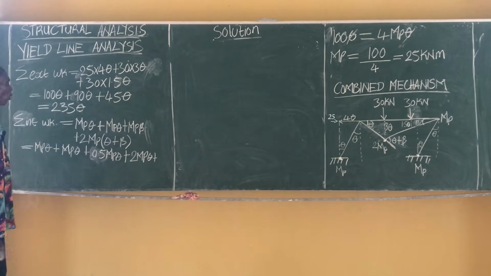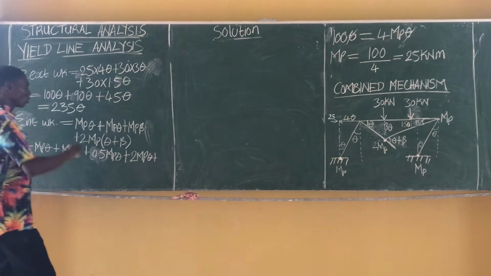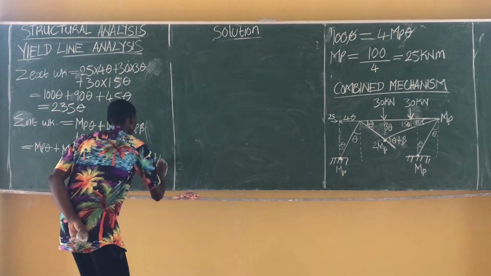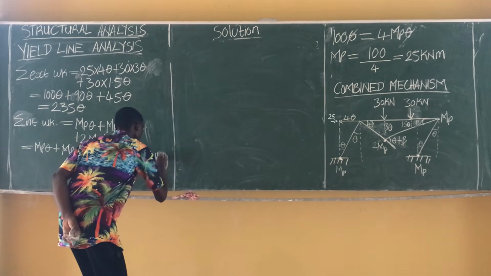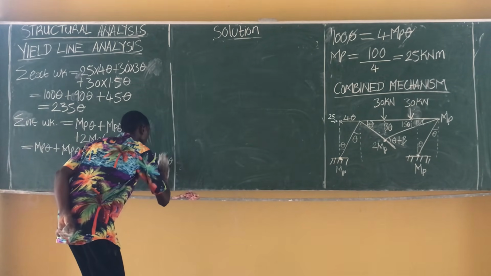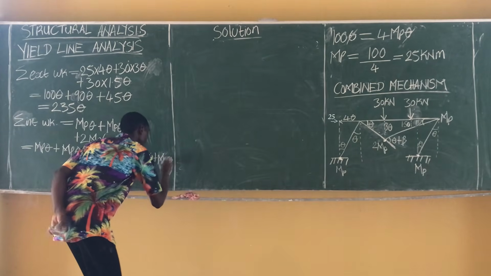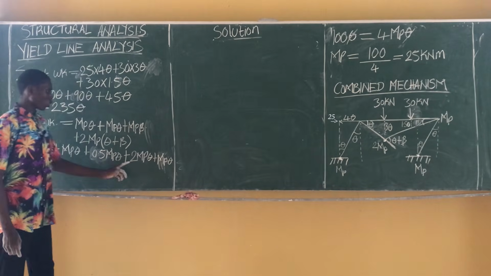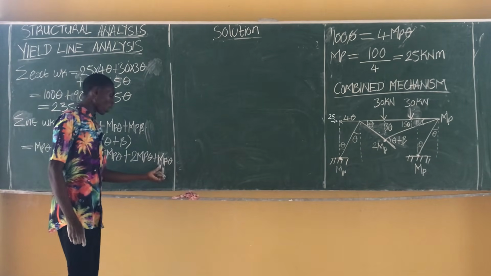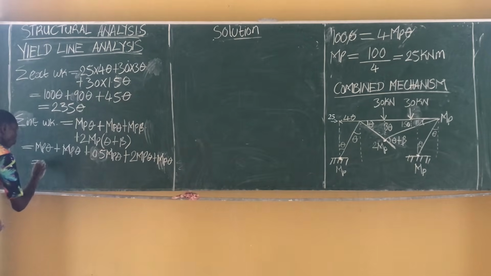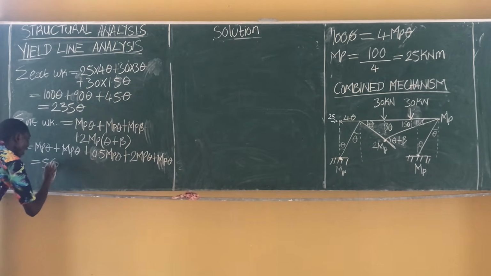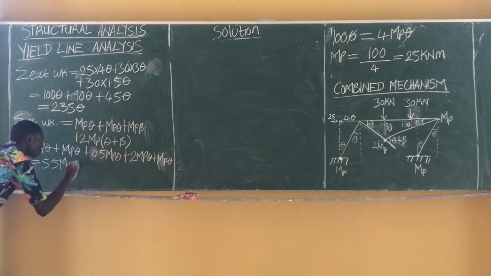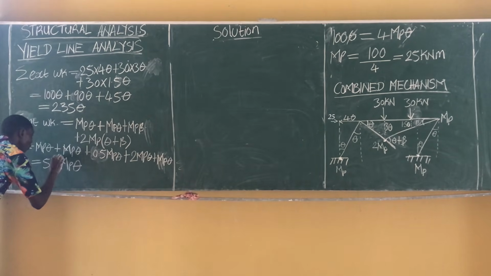Beta is 0.5. 2 times 0.5 is 1. And that is MP theta. Alright. So we have all expressed in MP theta. So this is 1 plus 1, 2, plus 0.5, 2.5, plus 2, 4.5, plus 1, 5.5. Hence we have this to be equal to 5.5 MP theta.